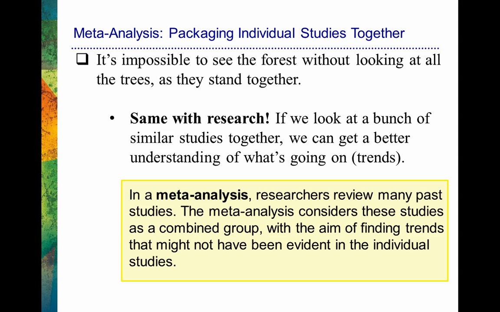Sometimes individual studies might find a really small effect. So some drug might have a positive effect, but it might be too small to be statistically significant. Well, imagine if a bunch of these little studies are finding that same really small effect. If we were to put all those individual small studies together into a meta-analysis, we might now have enough statistical power to find a statistically significant effect.